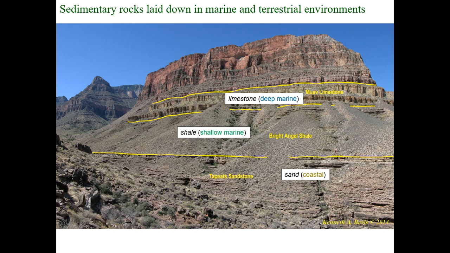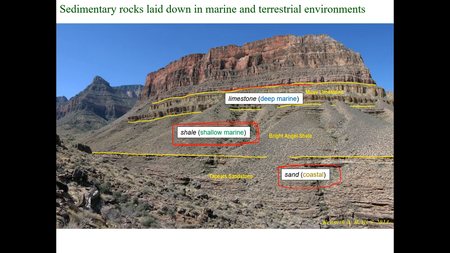If you go to a place that has sedimentary rock outcrops, take a look at this. This is part of the Grand Canyon outcrops. On the bottom, you'll find sandstones that represent coastal environments. On top of that, you'll find shales that represent shallow marine environments.